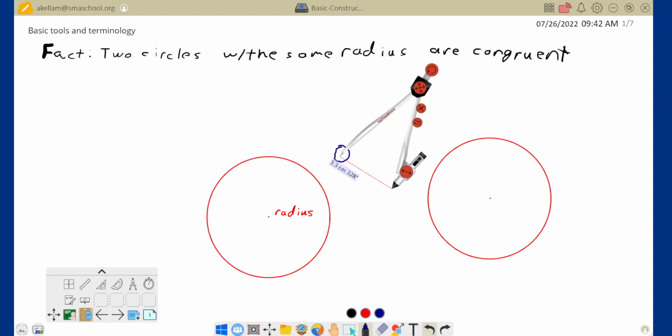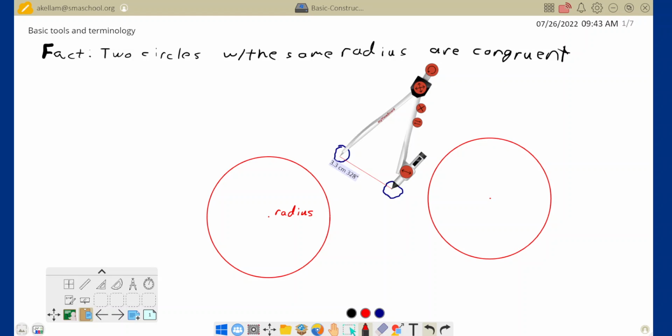It's going to have the marking part, which is the pin. It's actually marking out what we're looking at. And the third part of all compasses is some way of setting a radius. And that's the term that we are going to use.